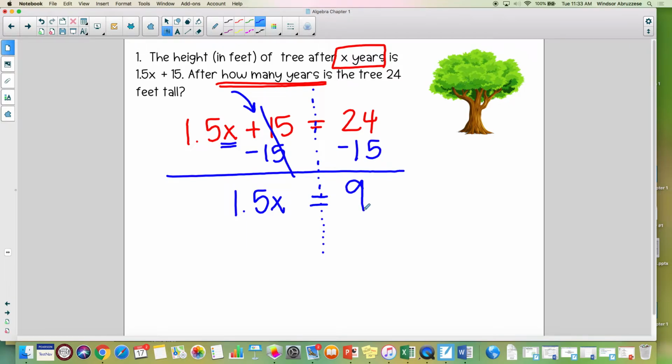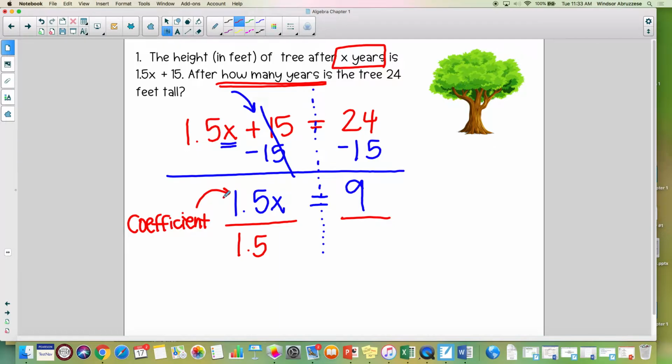And now I'm at a one-step equation: 1 5/10 x equals 9. These two are joined by multiplication, so you're going to do the inverse, which is division. I'm going to divide both sides by the coefficient, which is 1.5. Let's write that word down: coefficient. The coefficient is the number right next to the variable.